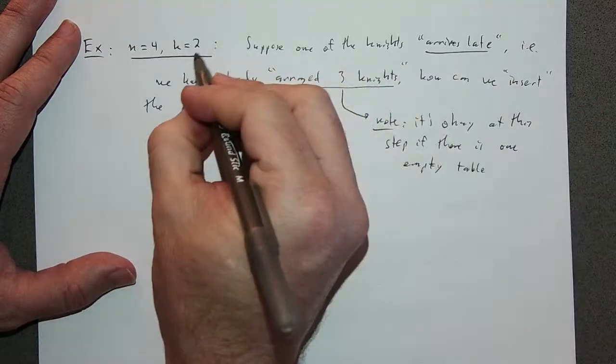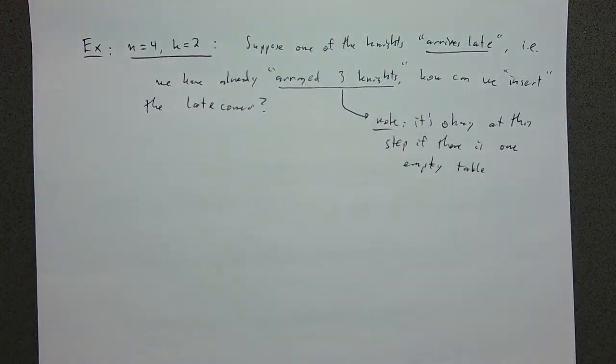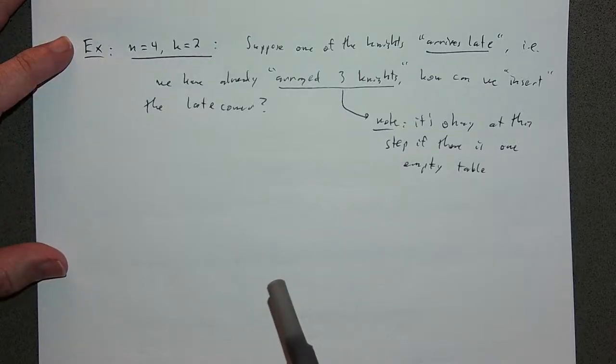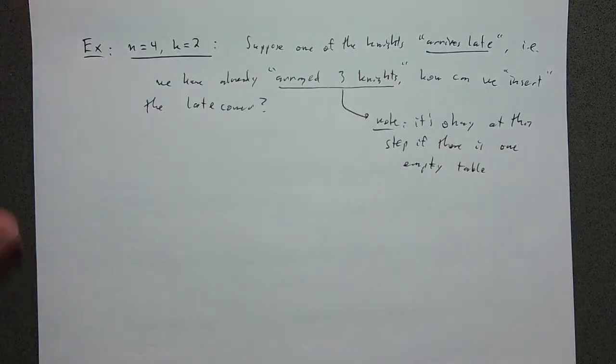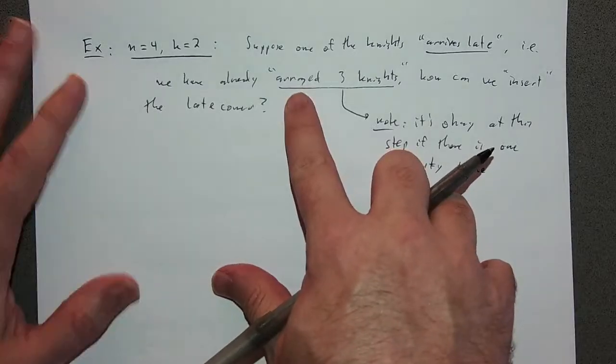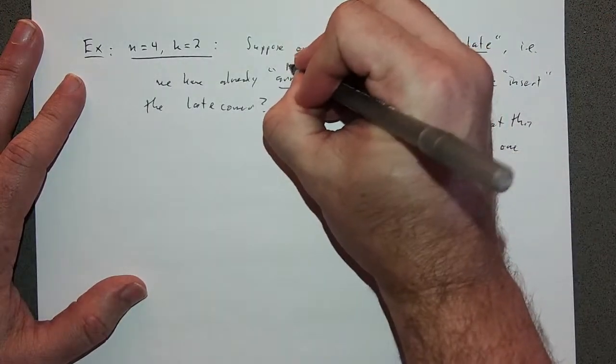Well, here there's only 2 total tables, so why is it okay? So when I say that I've arranged 3 knights here, I don't mean that I've arranged them relative to all of my rules, because not all of them have been seated, right? There's still one person left. So it's okay if this, maybe we should call this a partial arrangement, right?